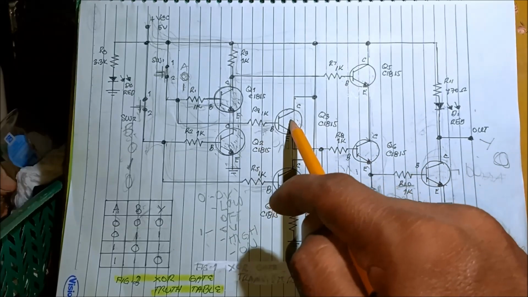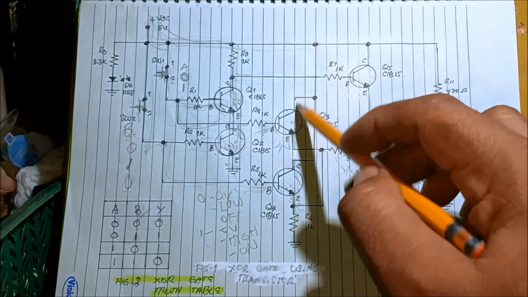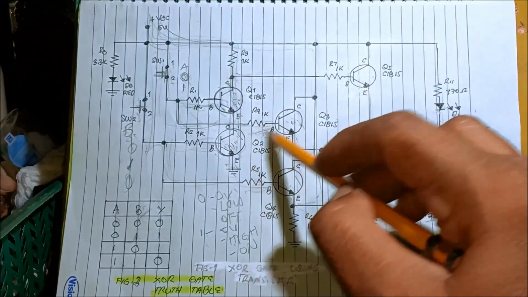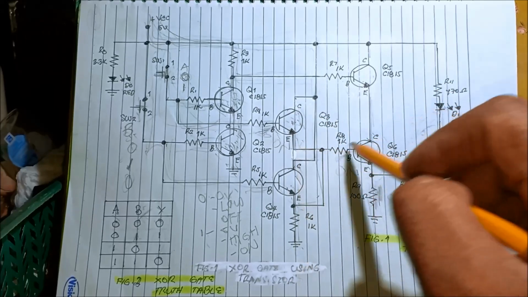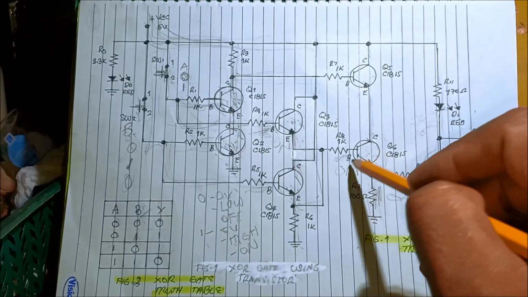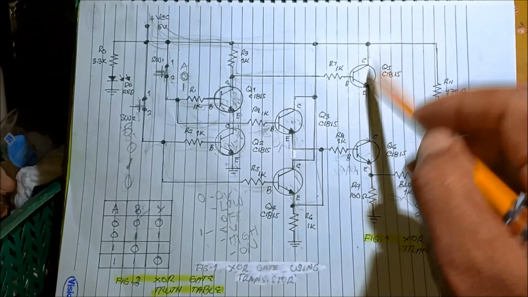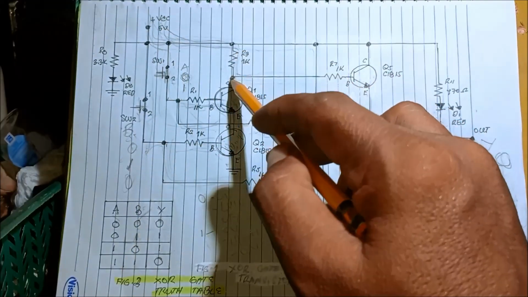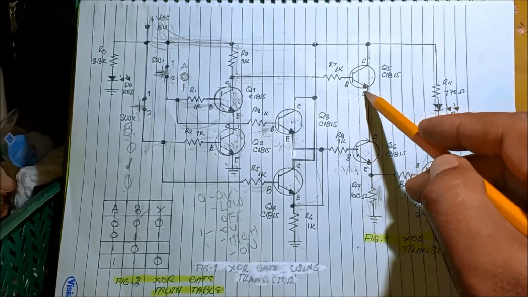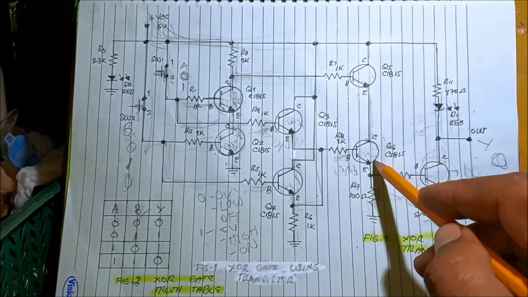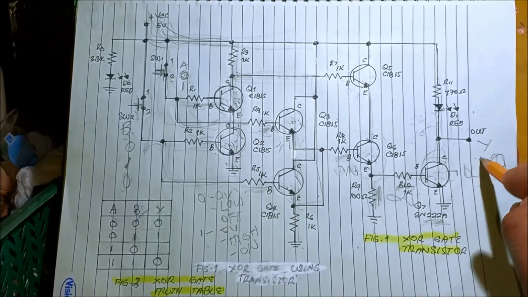If this is on, current flows into the 5 volts, then collector to emitter. Since we have base current, now current flows from collector to emitter and to this transistor, making this turn on. And since this transistor is always on due to the direct connection, it is directly connected to the source, this is on, making the output turn on, 1.